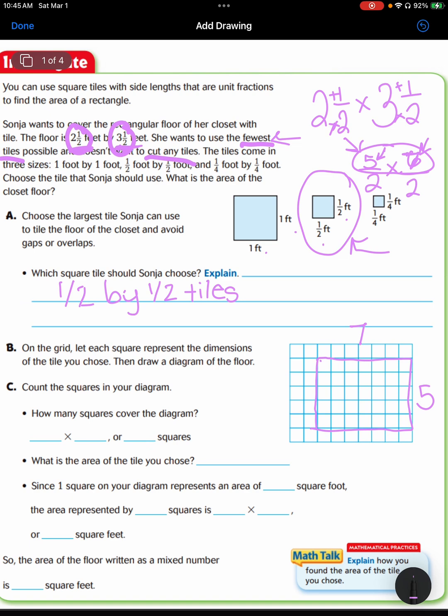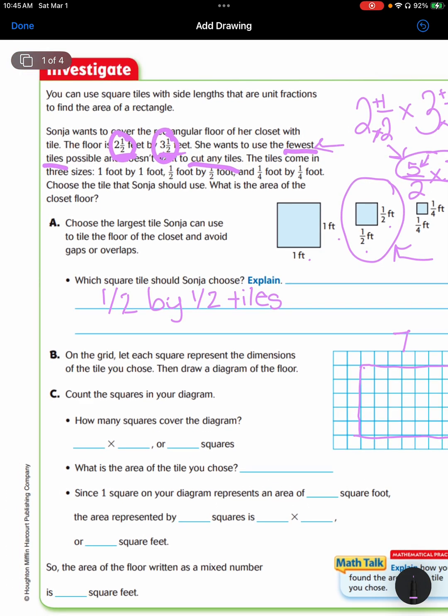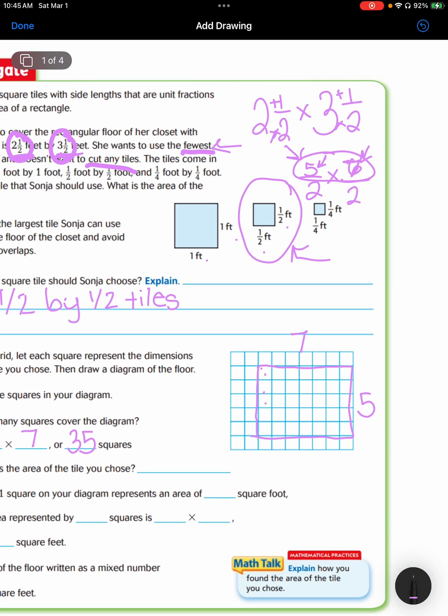For C, it says how many squares cover the diagram? 5 is one of our sides, and 7 is the other one of our sides. So if we multiply 5 times 7, we're going to get 35. That means if you count each square individually here, you should have 35 squares altogether.